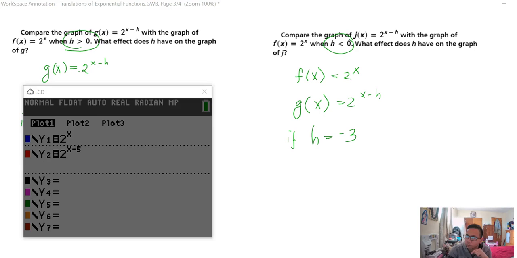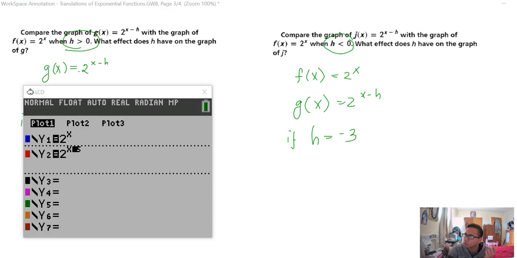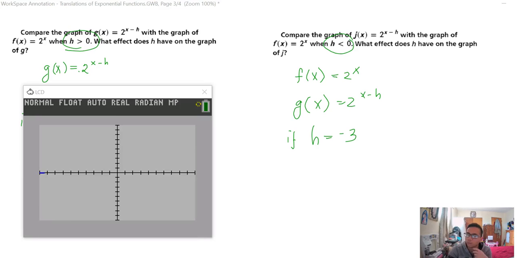Because it's negative, this will become a double negative, which gives us a positive, so I'll change it to positive 3. If h is equal to -3, what will happen to the graph with respect to the original function, which is 2 raised to x? So let's hit the graph there.